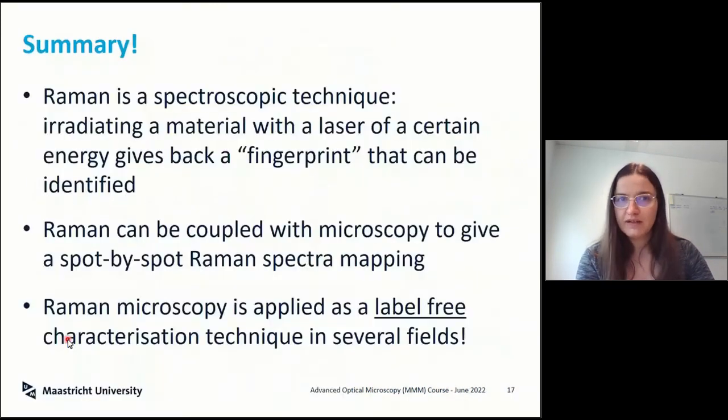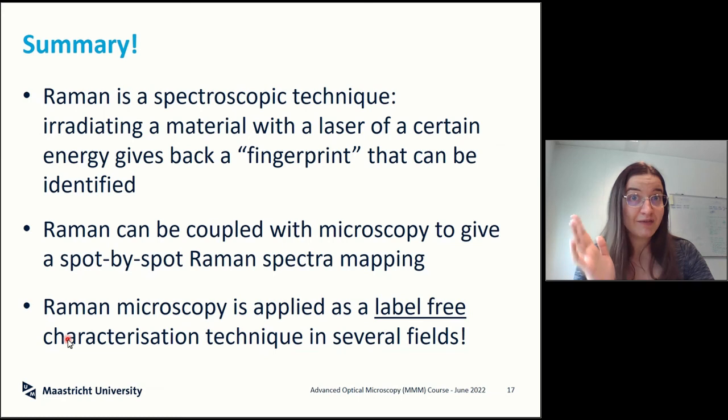So to summarize, Raman is a spectroscopic technique. You irradiate with laser in visible light, and whatever energy you get on the outside is a fingerprint of your molecule. A lot of molecules, even in biological systems, are active, and you could couple it with microscopy to make sure that whatever spot you are looking at in visible light will be remapped with the laser of the Raman.